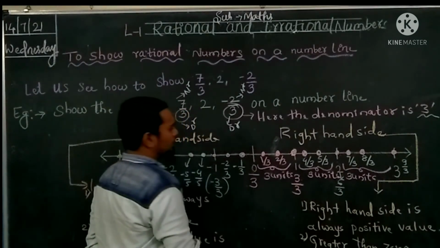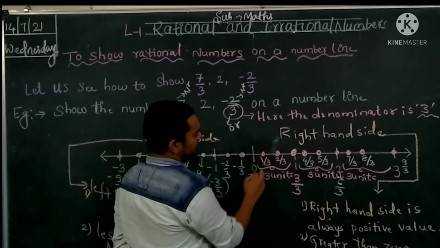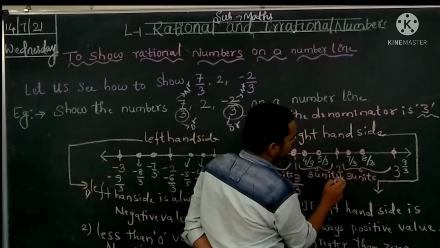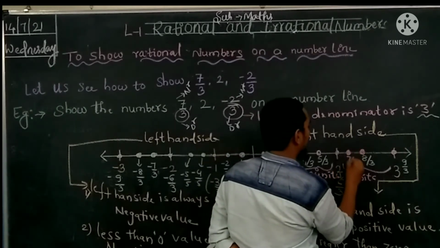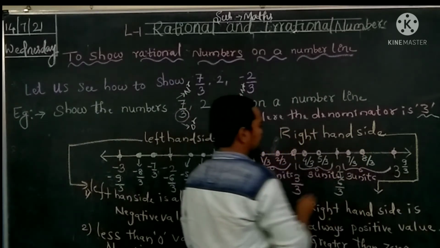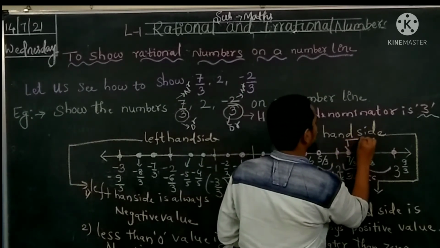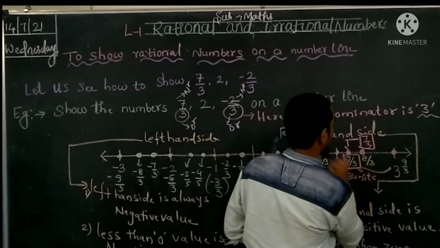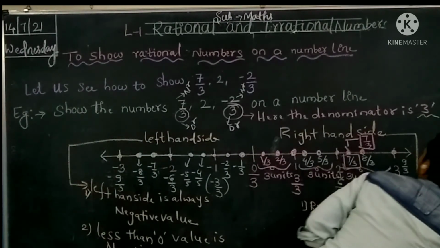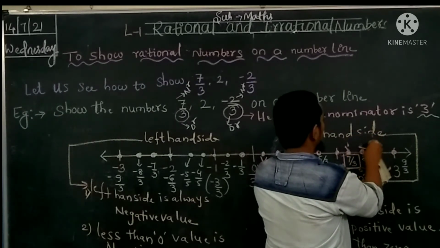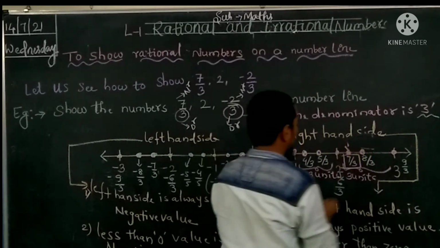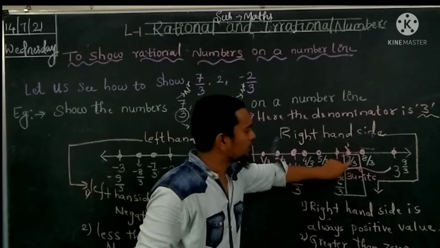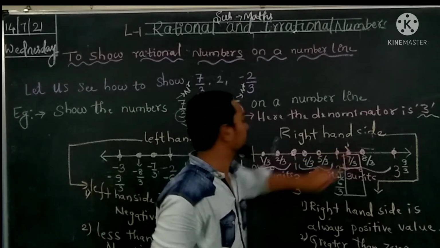Here given 0 upon 3, 1 upon 3, 2 upon 3, 3 upon 3, 4 upon 3, 5 upon 3, 6 upon 3, 7 upon 3. This point is 7 upon 3.